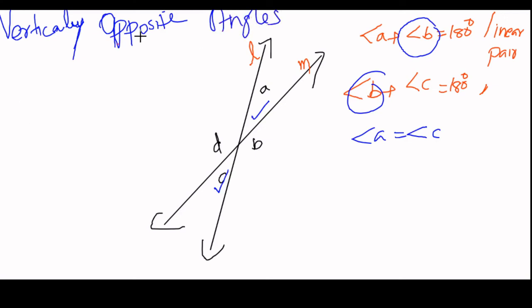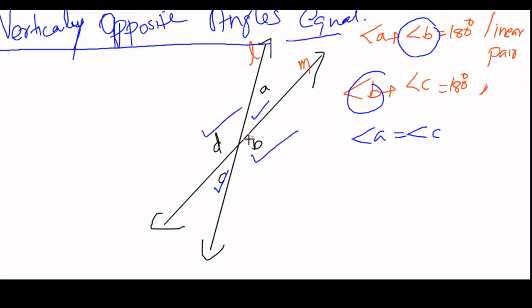So this is another pair of angles which are formed when two lines intersect at a point. Two pairs of vertically opposite angles are formed, and they also will be equal. In the same way, angle D is equal to angle B by measure.